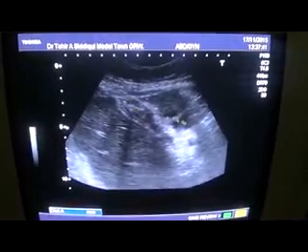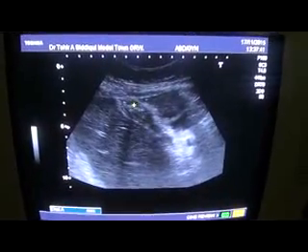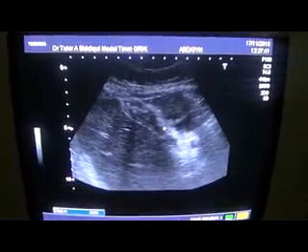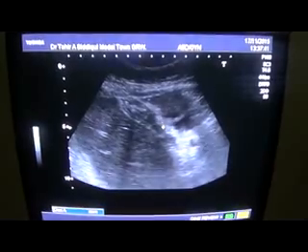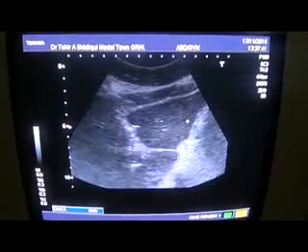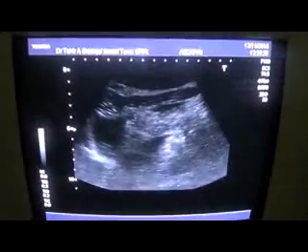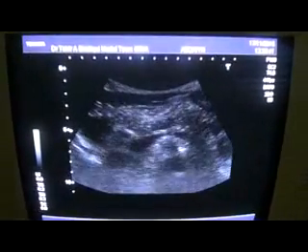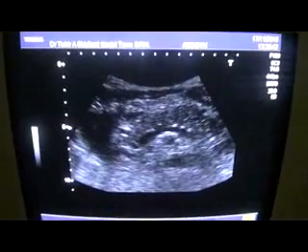So this is the gallbladder from here to here, with fluid in the Morrison's pouch. Now when I move the probe in the epigastric region, I see that there is fluid.